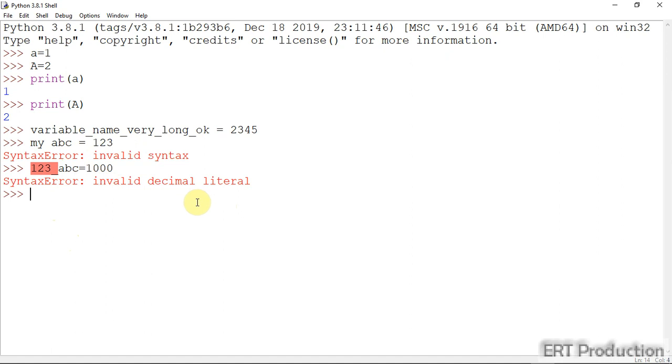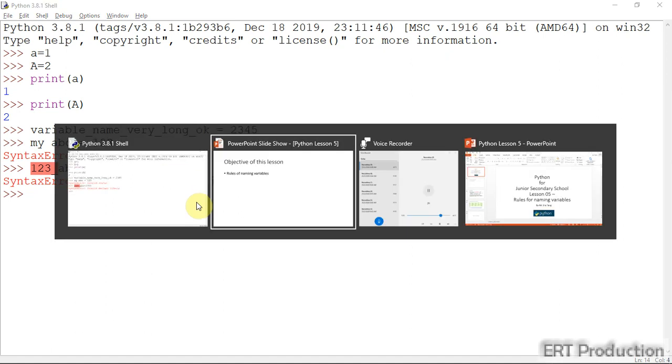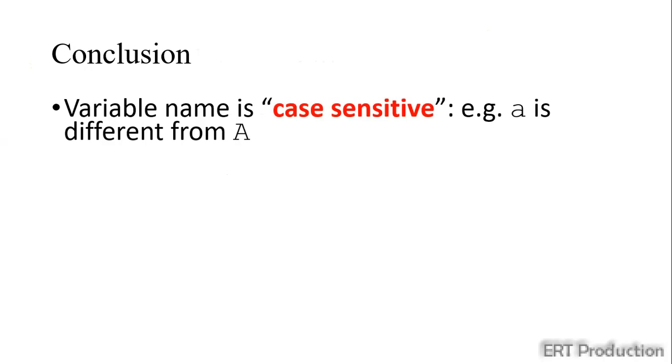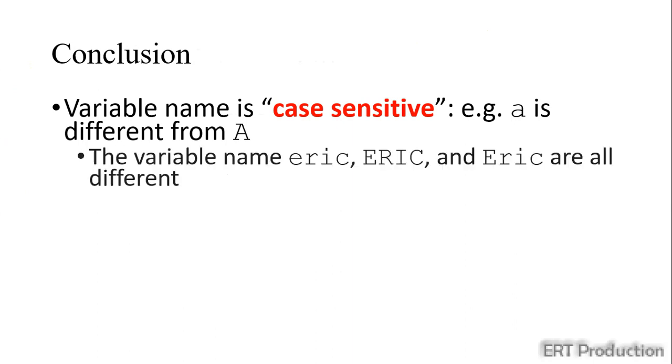Good. Here's the conclusion. First, variable names are case sensitive. For example, small letter a is different from capital letter A. Another example, these three variable names, although they are all called Eric, in fact they are all different.